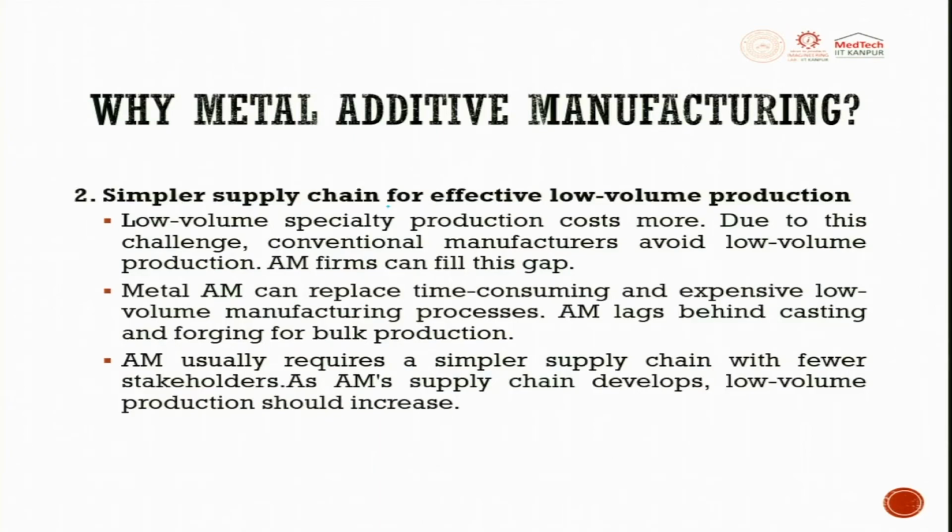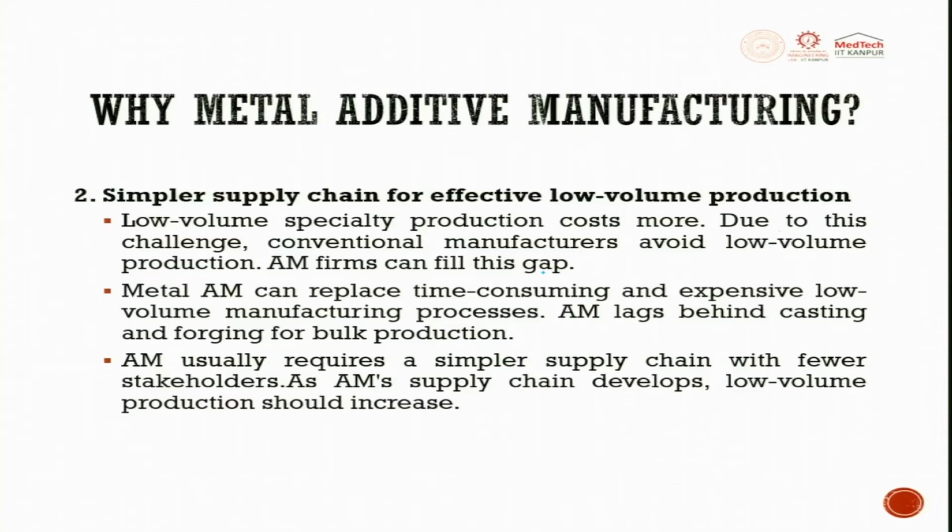The simpler supply chain for effective low volume production. Low volume especially costs more to produce. Due to this challenge, conventional manufacturers avoid low volume production. AM firms can fill this gap. So, as far as metal is concerned, when we make castings or metal forming, if the batch size is 100 or 1000, then the cost becomes very effective.